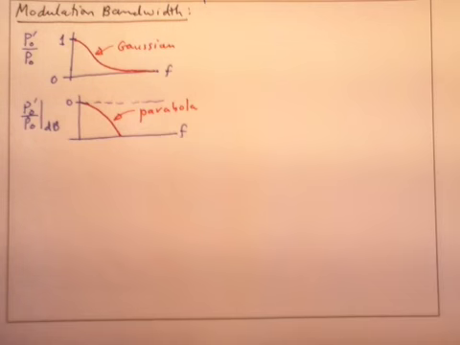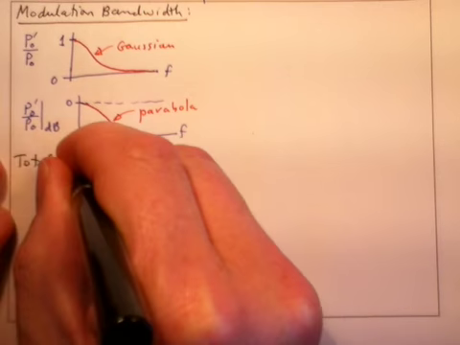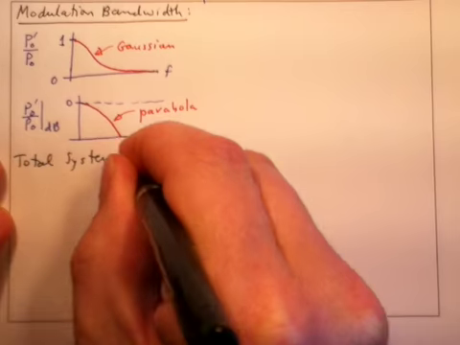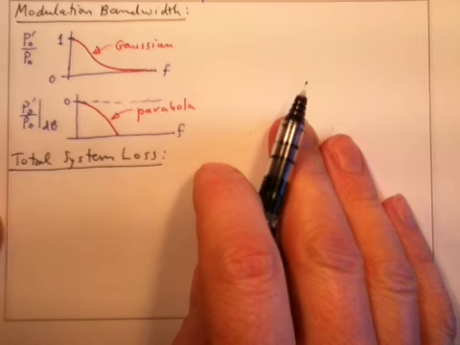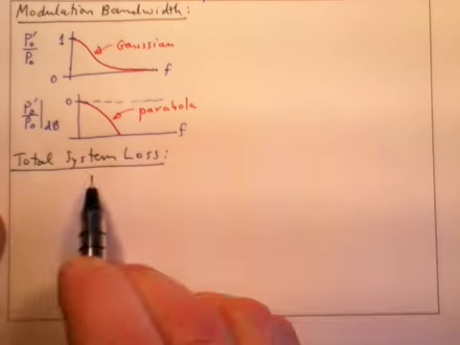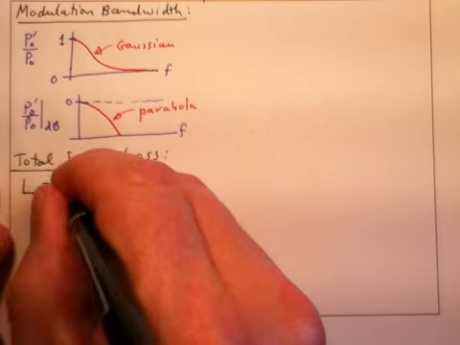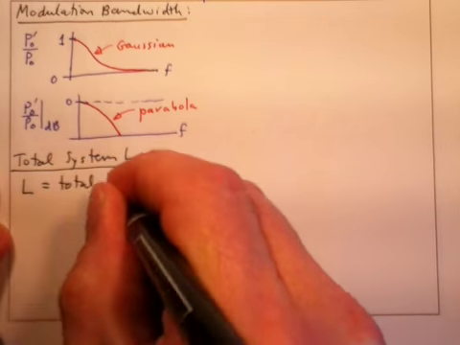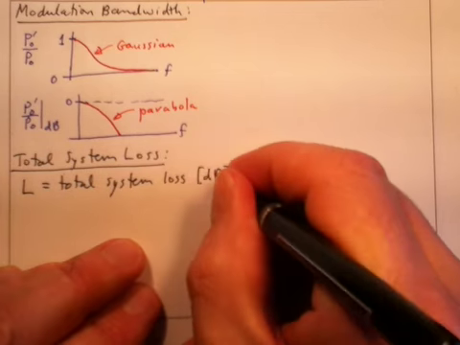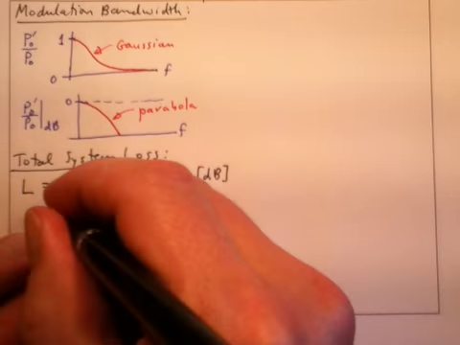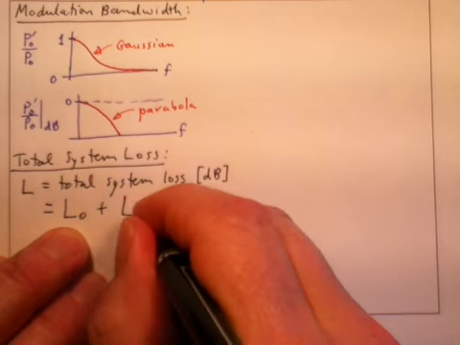What I'm going to do now is write the system loss as two pieces. One piece that applies to even DC, and another one which is frequency dependent. So in our optical fiber, for example, our total system loss, in decibel units, is going to be the sum of the DC loss, L naught, plus the frequency dependent part as a function of f.